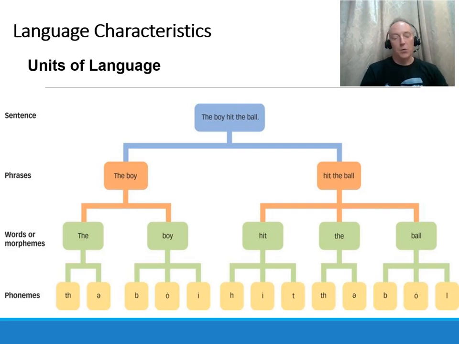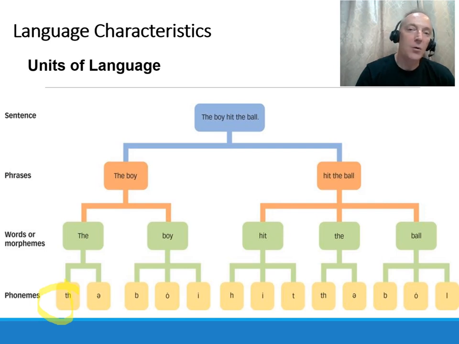Some phonemes, like the th in the, can only be conveyed with two letters together, the th. So in the English language, we have a phoneme for every single letter of the alphabet, and then letters can have multiple phonemes, like we can have the C representing the hard C, like in cat, or the soft C, as in ceiling.